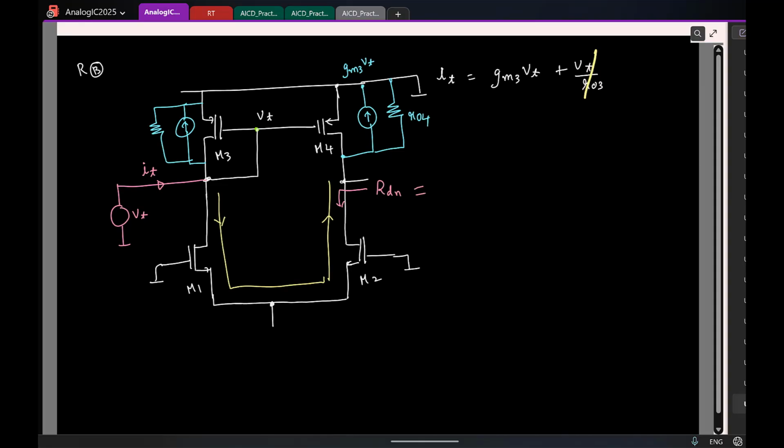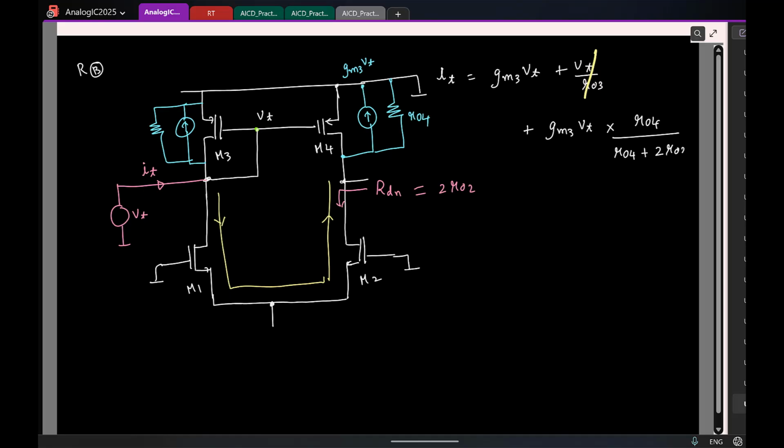We just computed, 2 times R02. So in addition to this current, we will also have this additional current of Gm3 times Vtest. And what fraction of this current will flow down? What is the current division factor? R04 by?